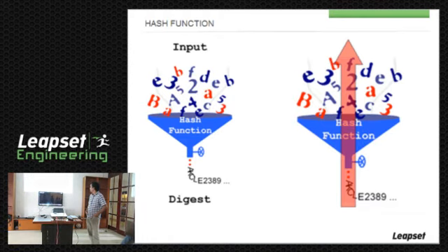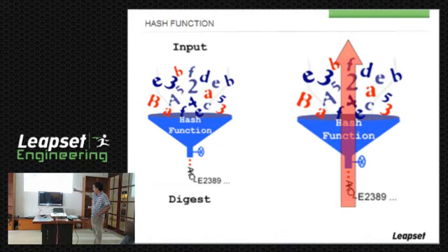A hash function is something where you have a huge amount of information, then you create a digest by sending this data set to a function. So no matter how big or small your original data set is, your digest stays the same size, and you can't reverse it.